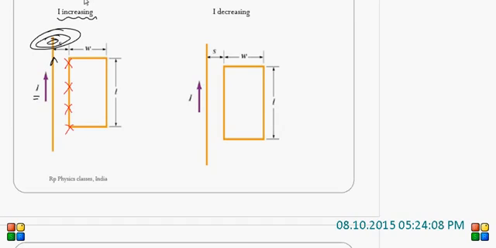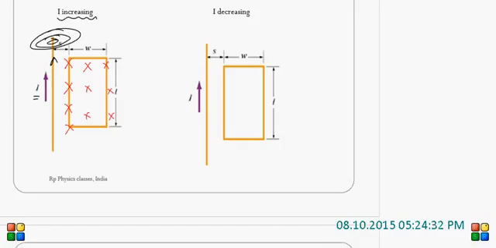So what will happen now? As you move towards the right, the magnetic field decreases. Yes or no? So here, when current increases, the flux inside the coil also increases. When current in the conductor increases, the flux inside the coil increases. When flux increases, Lenz's law resists it. How does it do so?